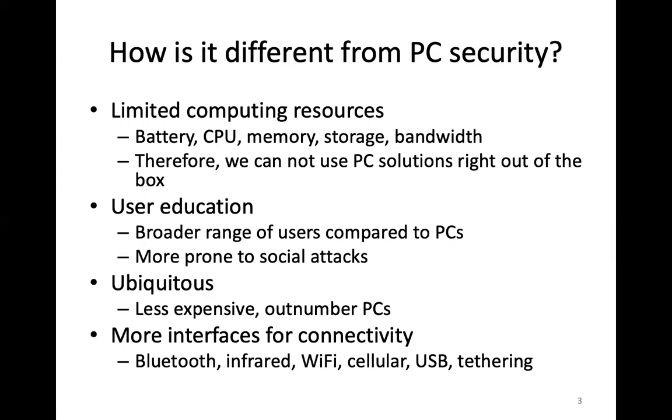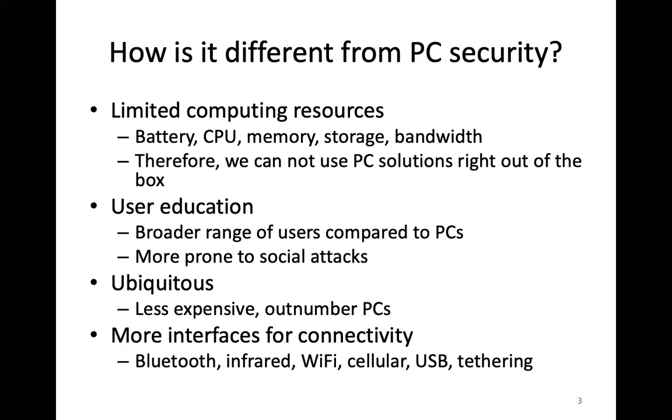So, for example, one solution that is used in the case of desktop based machines for detecting malware is to use hypervisors and virtual machines. The virtual machine is scanned by the hypervisor. You can detect rootkits, and we studied this in class.